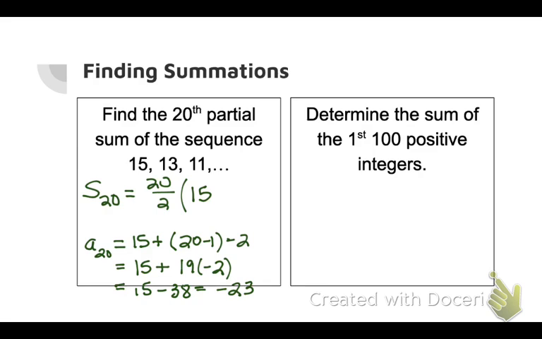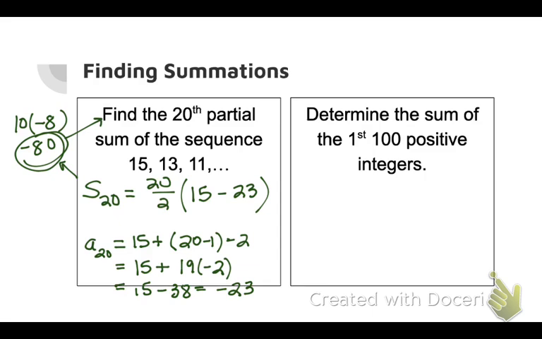So add negative 23 as this last term. So 15 minus 23 is going to be negative 8. We'll go up here. So we would say 20 divided by 2 is 10. That's negative 8. So negative 80 would be the 20th partial sum of the first. So if I added together the first 20 terms of that sequence, all of those numbers added together would be negative 80.